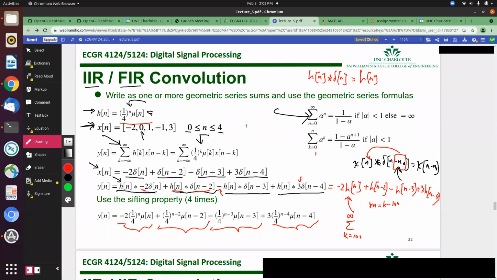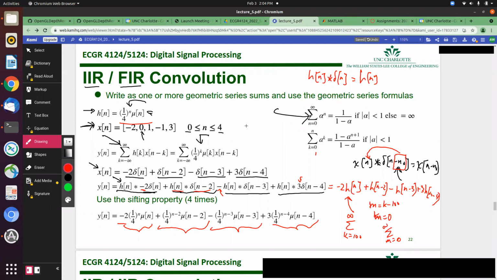Then you'd rewrite the entire equation in terms of m. When m is equal to 0, k is equal to 100, right? So now when you rewrite it, the sum starts at m equals 0. And when k is infinity, m is also infinity.